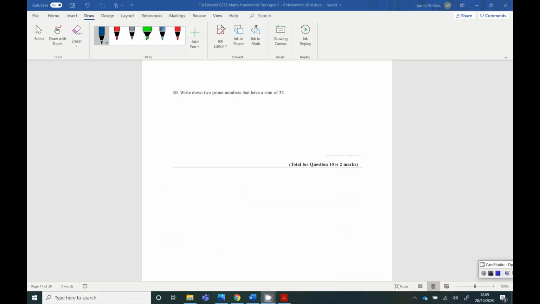Question 10. Write down 2 prime numbers that have a sum of 32. Now prime numbers are all the numbers that have exactly 2 factors. So for example 2, 3, 5, 7, 11, 13, 14, no, 15, no, 16, no, 17, 18, no, 19, and so on.